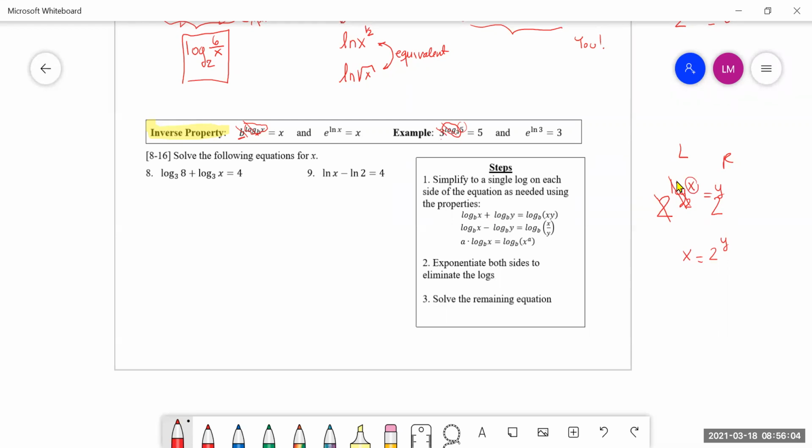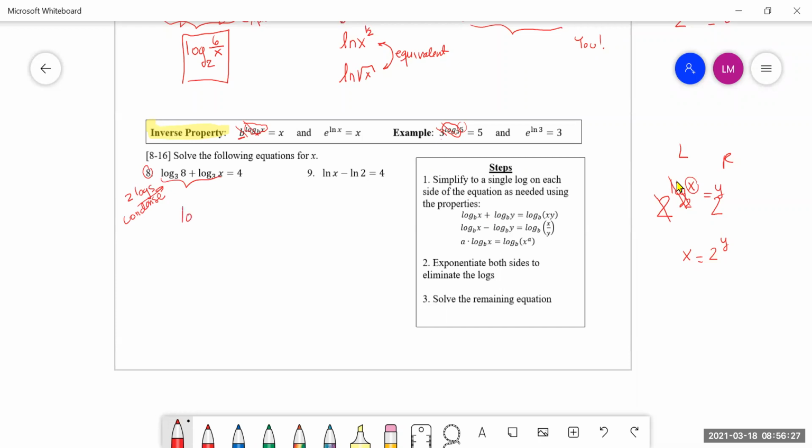When I look at number 8, I see that I have two logarithms, 2 logs. They're both the same base. I need to condense. So let's condense those 2 logs into a single log by using the laws or properties of logarithms.